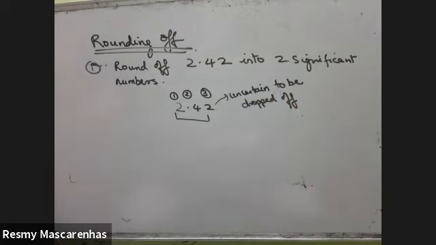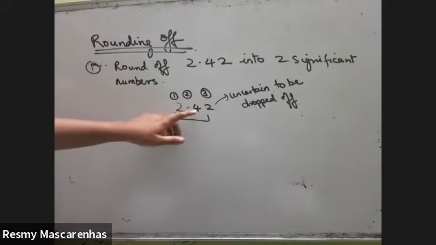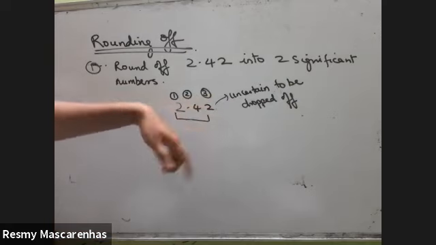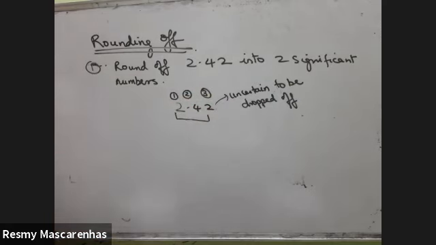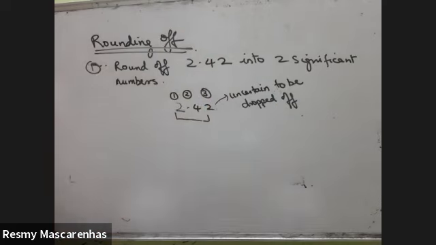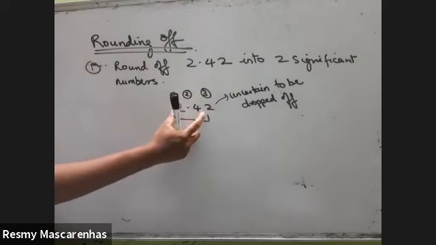Uncertain, to be dropped off. No need to learn it by heart, just try to understand. Now I want only this. I cannot simply remove it and throw it out just because I'm told to. So there are certain rules we need to check. This is to be removed because I want up till here.